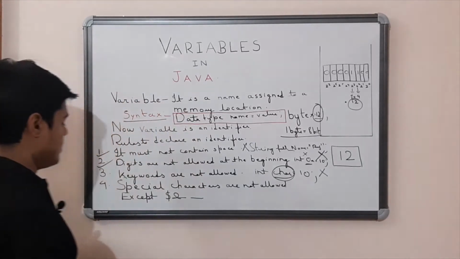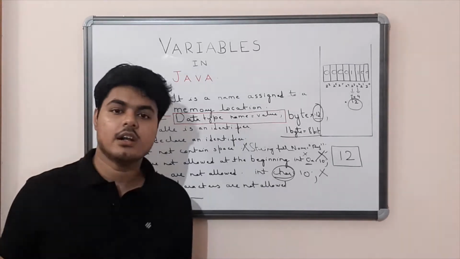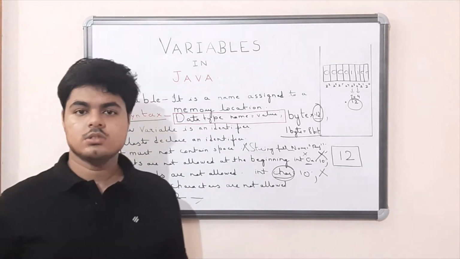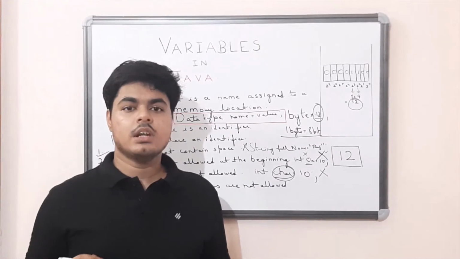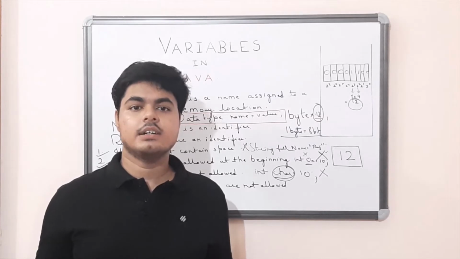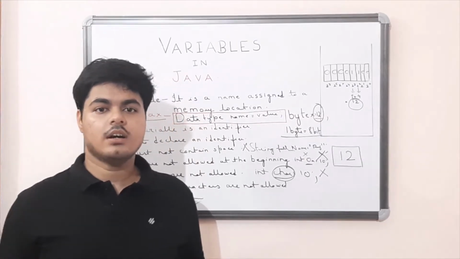Now the fourth one is special characters are not allowed except dollar and underscore. You can use dollar and underscore in the name of your identifier, but you cannot use any other special characters in the name of your identifier.